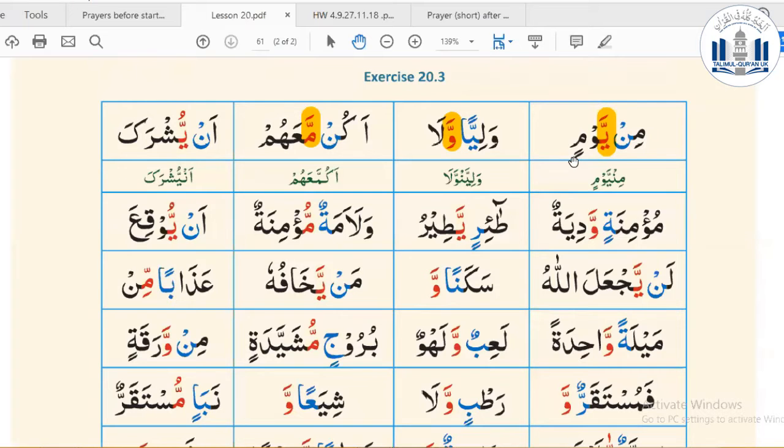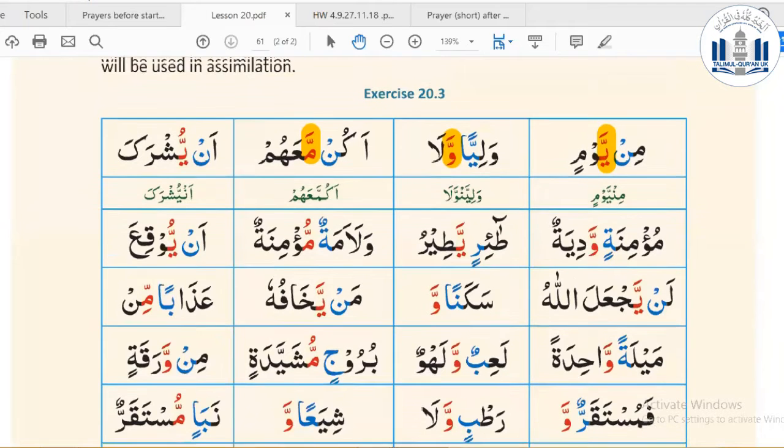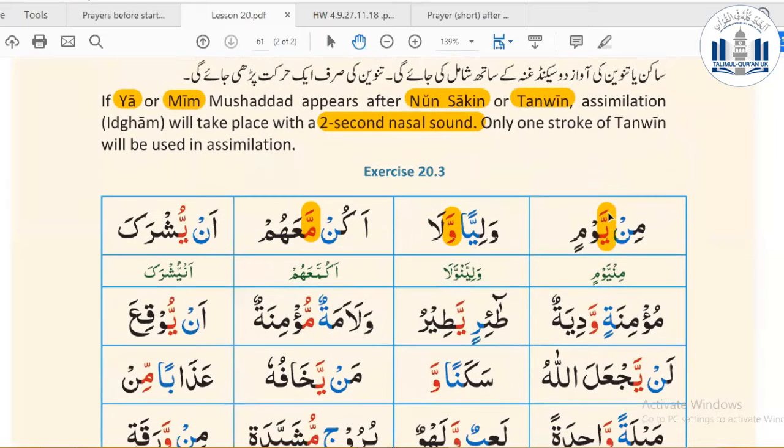Well done. Excellent. Really, really good. So the rule we're looking at over here is when ya mushaddad comes after a noon sakin, you have to merge the sounds together, producing a 2-second nasal sound. That's the rule we're looking at now.